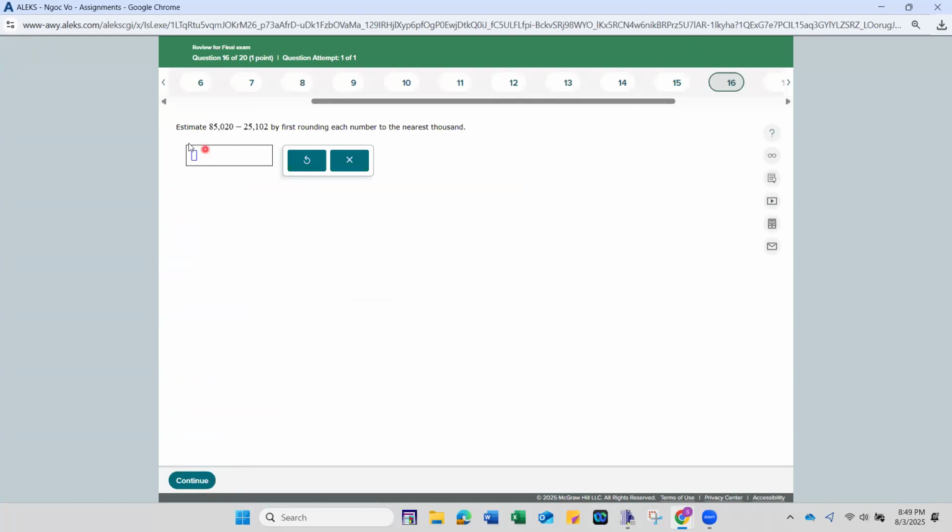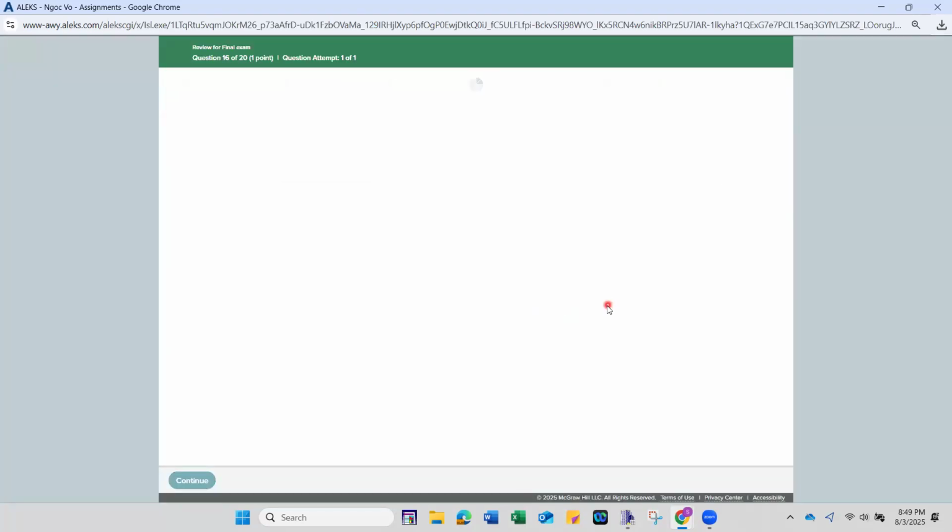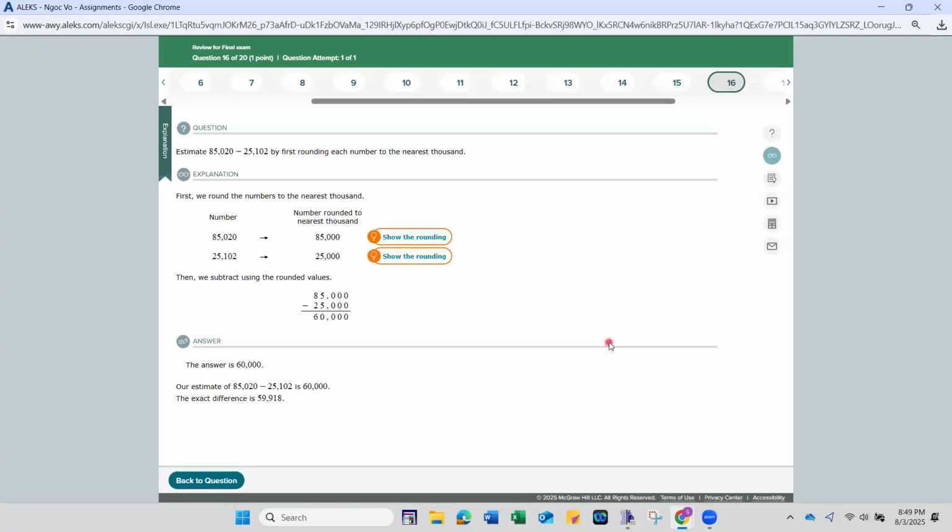The next problem is estimate this value by first rounding each number to the nearest thousand. In order to round this value, we need to use the rounding rule. So first step is you need to round your number to the nearest thousand first.